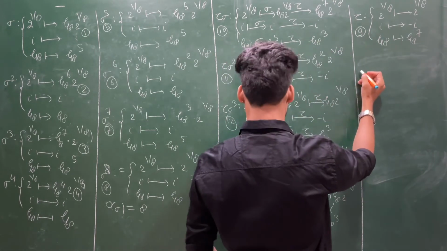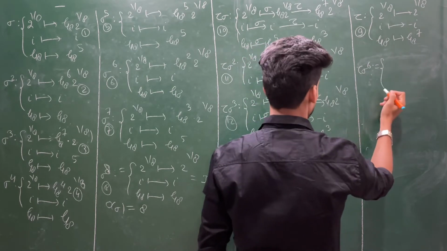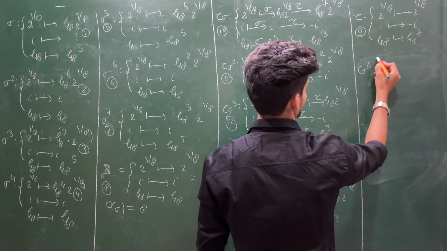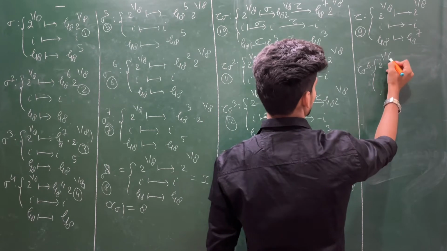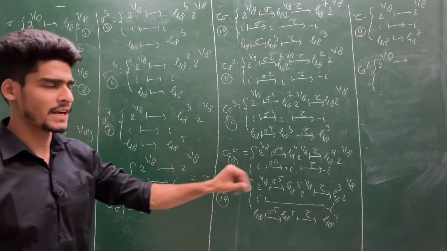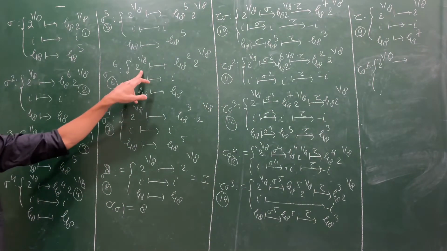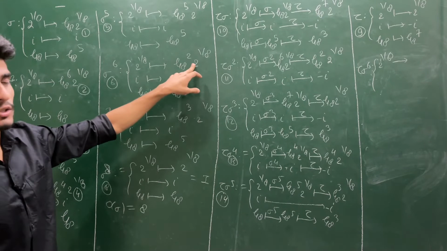So this is tau sigma power 6. This will send 2^(1/8), I am sending directly now. See, this sigma^6 is sending 2^(1/8) to zeta_8^2 · 2^(1/8).